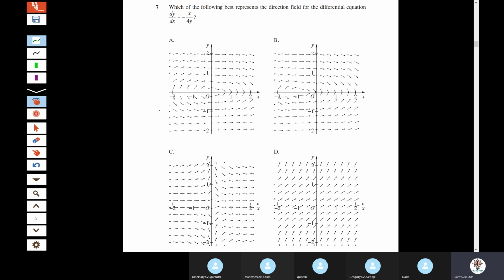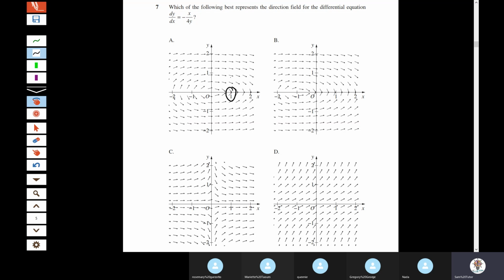I'm going to start with this one. What happens at 1 and y is equal to, well, it's becoming flat. It's becoming more vertical, which is good. Let's do this one.